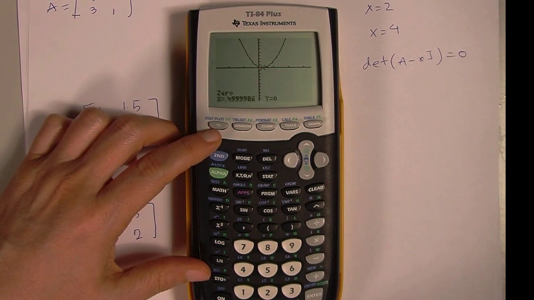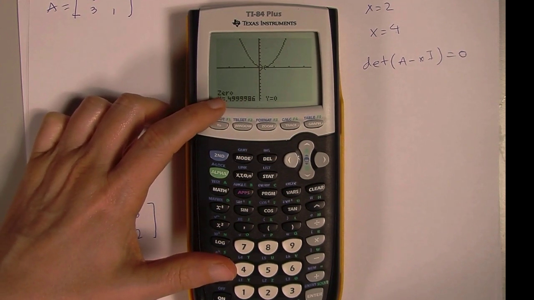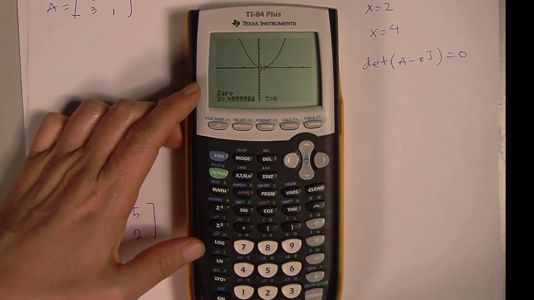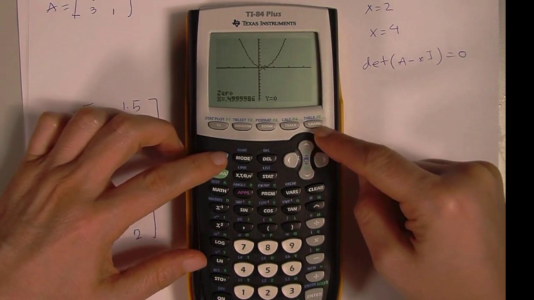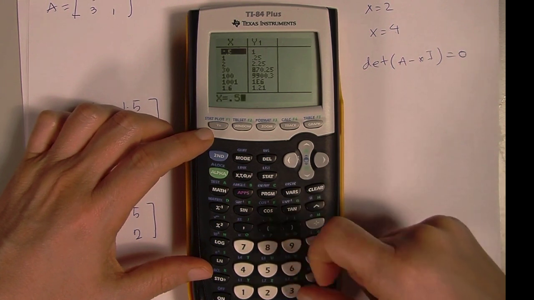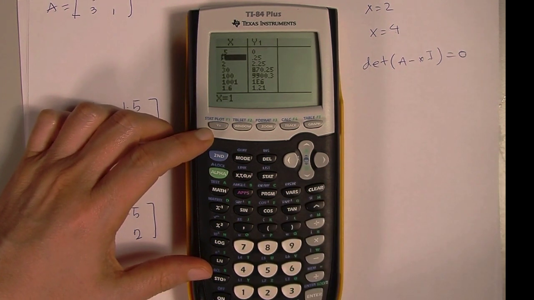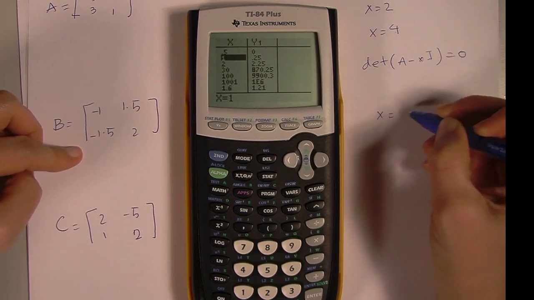Takes a little longer, and it gives me something, and it might actually be 0.5, and it might be the calculator error. And so I go back to the table, I enter 0.5, and I get 0. So that was the calculator error in finding the 0. So this one only has x equal to 0.5.